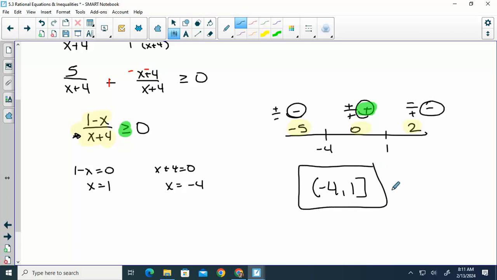The 1 gets a bracket, the 4 does not. Is that okay?